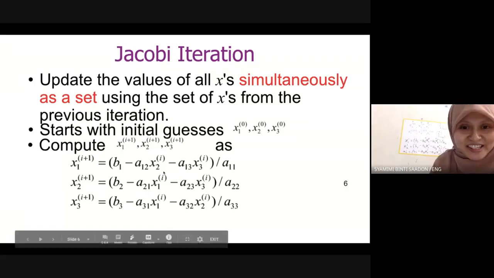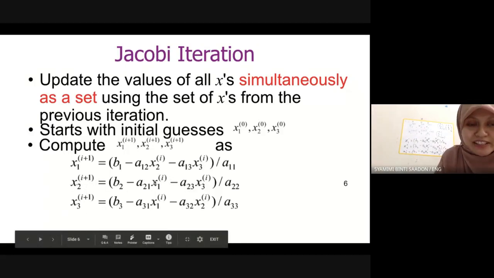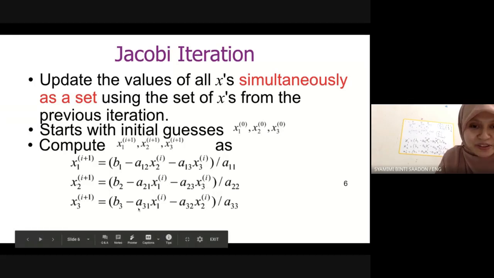In this term, the first one S1 is the same as Gauss-Seidel, but for X2, by using Jacobi iteration, when you want to find X2 and S3, we still use the initial assumption here, S1 0, S2 0. For S1, S3, 0, 0, this one also 0, 0. That is the difference between Jacobi and Gauss-Seidel. We still use the initial value.